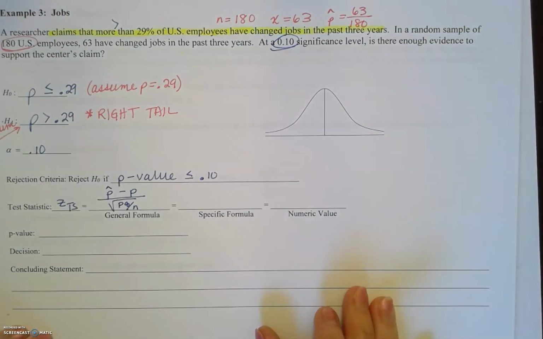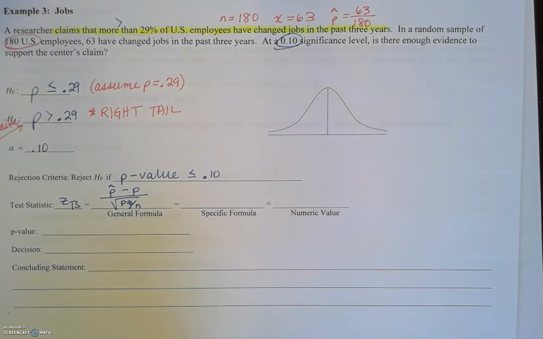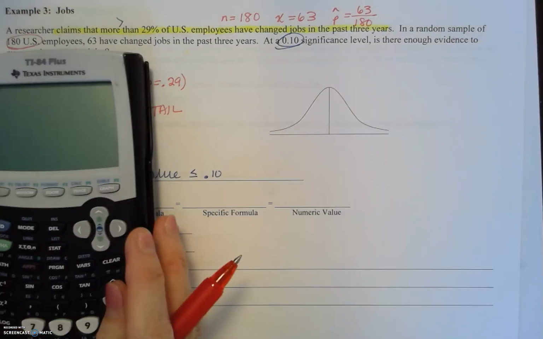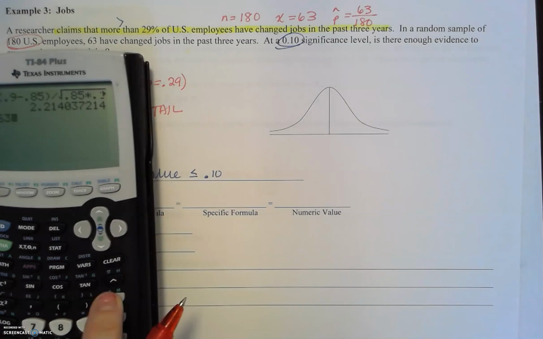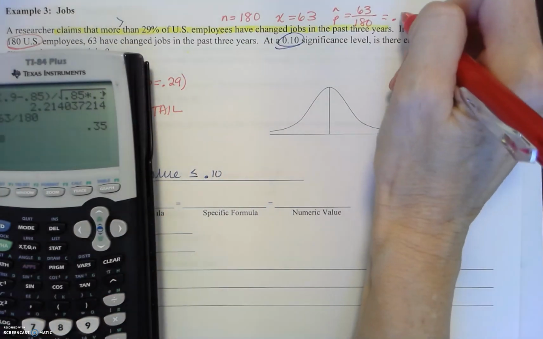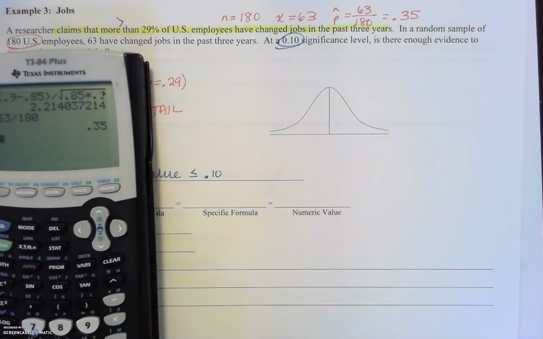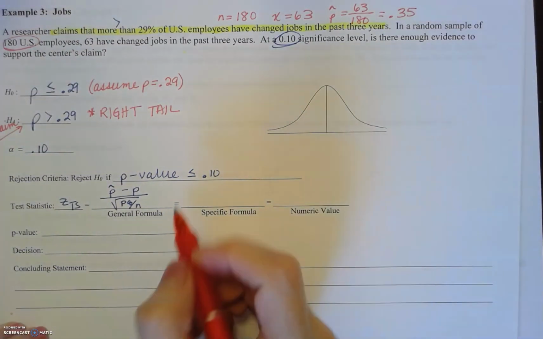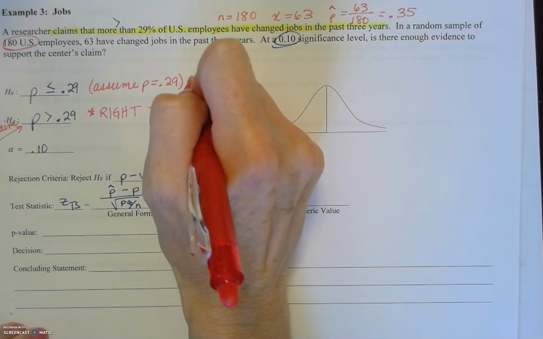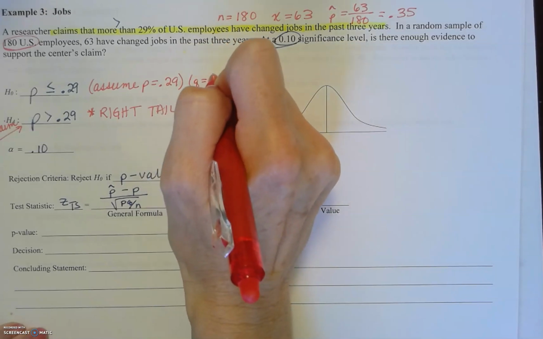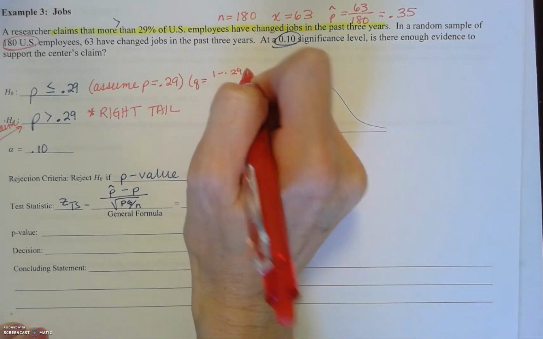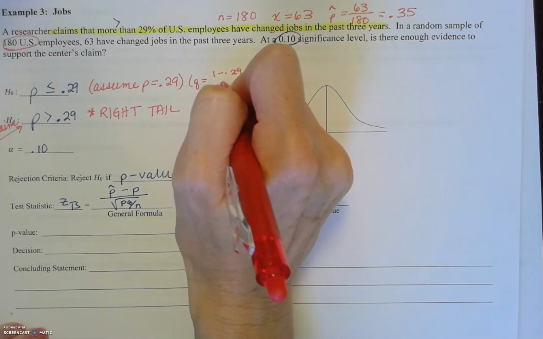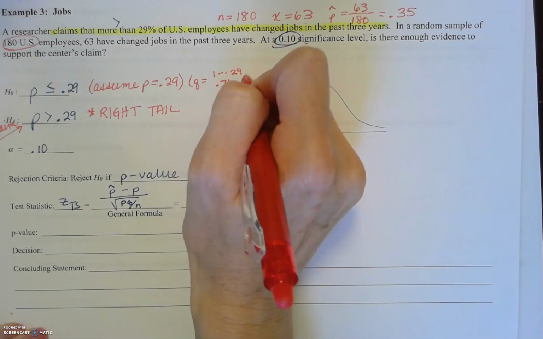Let me pull that down for you. Let's see if that works out to be a decent decimal here. 63 divided by 180, and that is 0.35. If it doesn't work out to be a nice decimal, we'd have to just leave the fraction as it is. Also, we're going to need what q is. Remember, q is going to be 1 minus 0.29, which is our p-value, and so that's going to be 0.71.